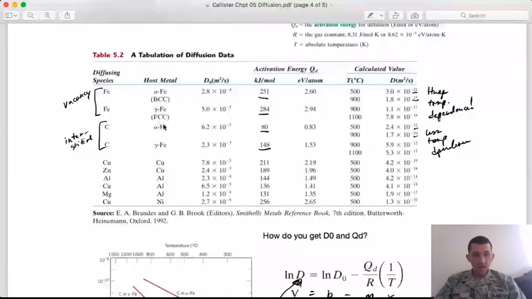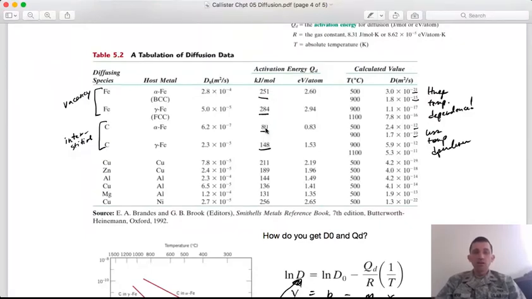And we've got iron diffusing in both of these crystal structures versus carbon diffusing in both of these crystal structures. If we look at the same situation, iron versus carbon, iron has an activation energy of 250 versus only 80 for carbon. So it takes a lot more energy for that vacancy diffusion. And if we remember, we have to create the vacancy, and then we have to move into it, which is two separate activation energies which combine.